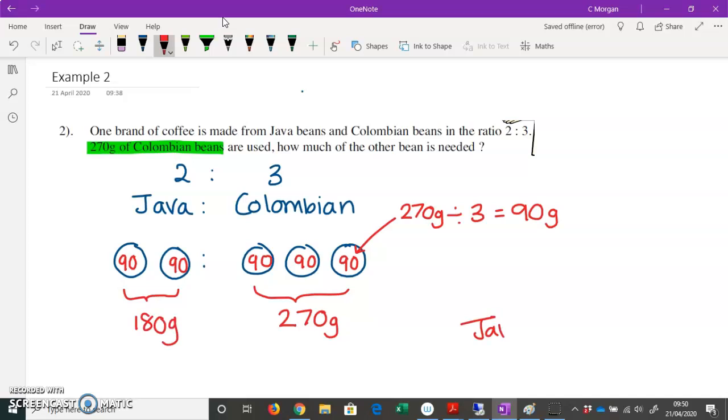So my answer to the question is the Java beans are worth 180 grams. I hope you got that one right. If you didn't get those 2 right, go back to the start of the video and now have a go at the other questions that are left before I start to go through them.